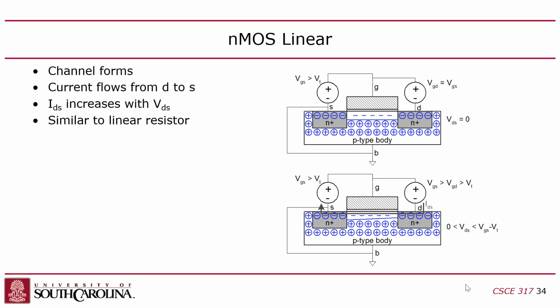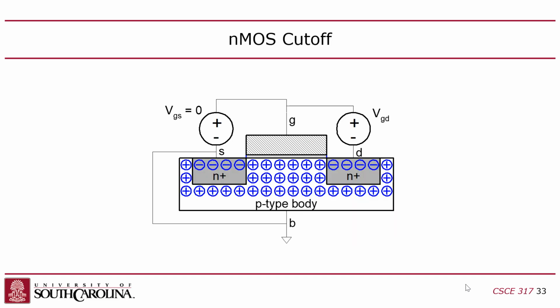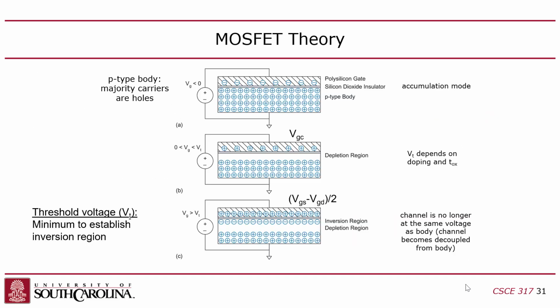So linear mode is when you have the transistor on, meaning that you have an inversion layer in the channel. The channel becomes decoupled from the body, and you start connecting the source and drain through the charge carriers in the inversion region.